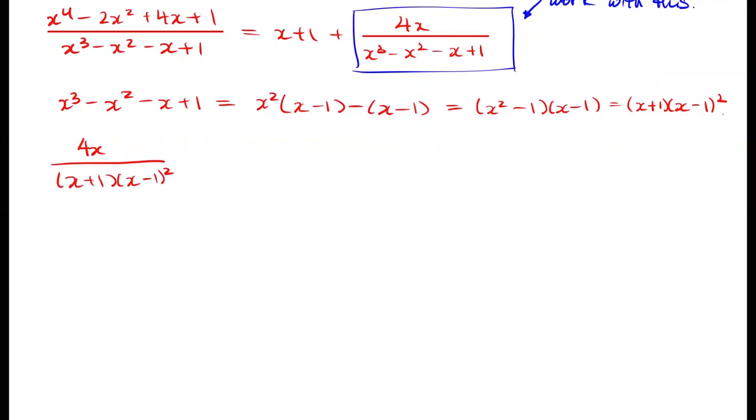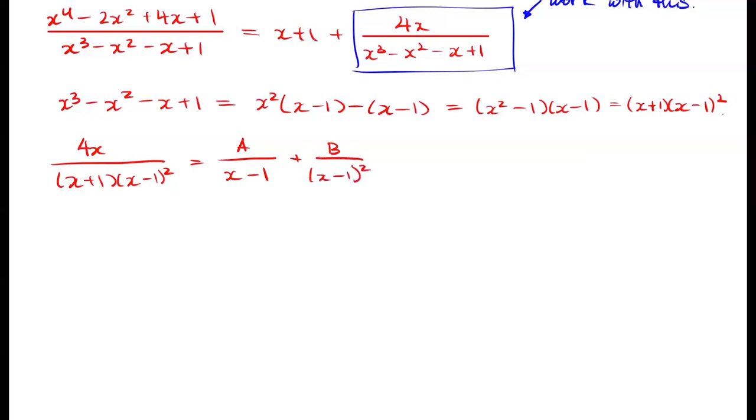So what we're going to do is whenever we have repeated factors, we're going to write this term as another term. So for example, we have one term that is going to be for the x minus 1, and we're going to have a second term that is going to be for the x minus 1 squared.